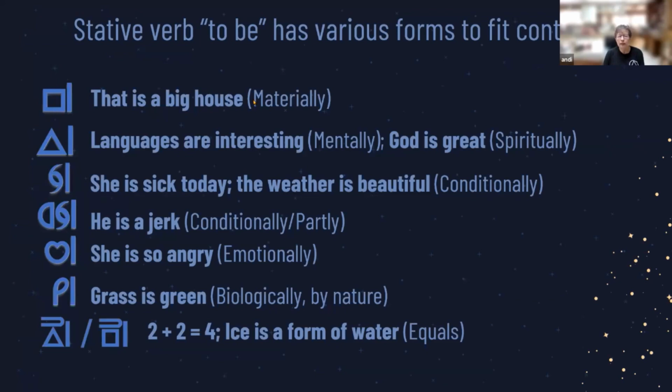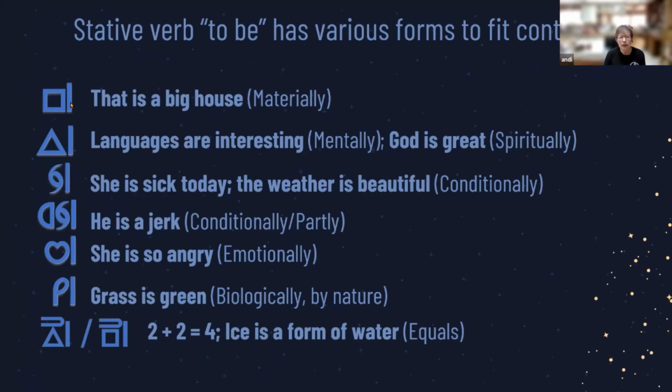If we have a material that is a big house, we use the matter ending. This upright symbol, which we didn't have yet, is the symbol for existence or being. So material being is the word for is. In this sense, stative verbs do not end in action, because they're not really words of action.